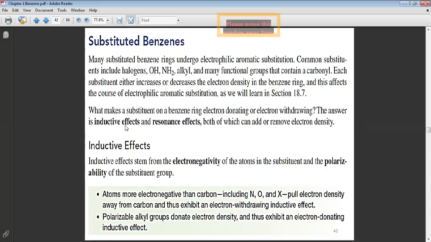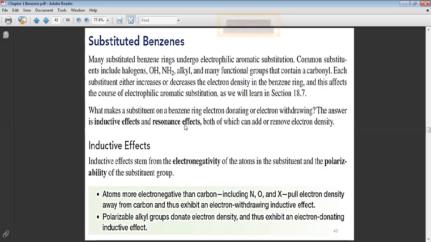Look at the group. Does this group have an inductive effect or a resonance effect? Here we don't have hyperconjugation. If you remember, hyperconjugation increases the stability of the carbocation. We don't have hyperconjugation here because the benzene ring is an aromatic system.